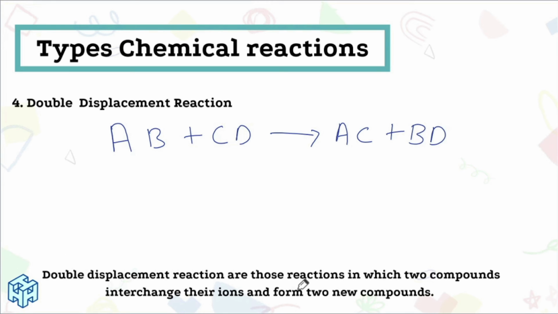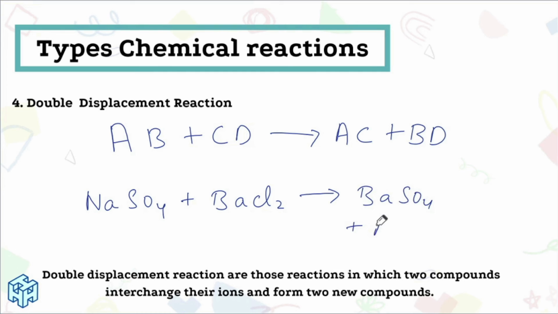Double displacement reactions are those reactions in which two compounds interchange their ions to form new compounds. For example, I had Na2SO4, that is sodium sulfate, and I had barium chloride, BaCl2. What happened? They just exchanged their places.